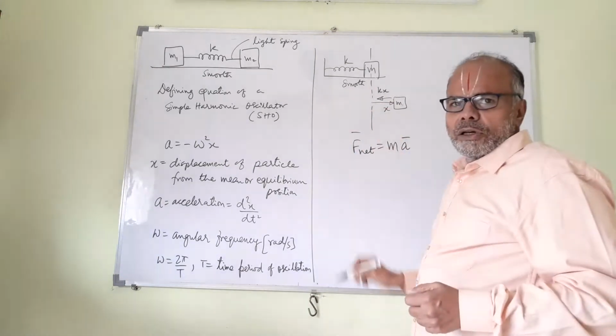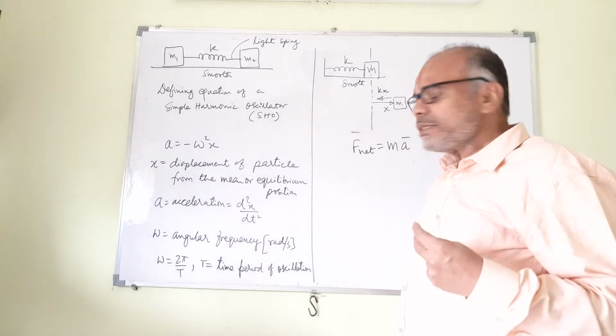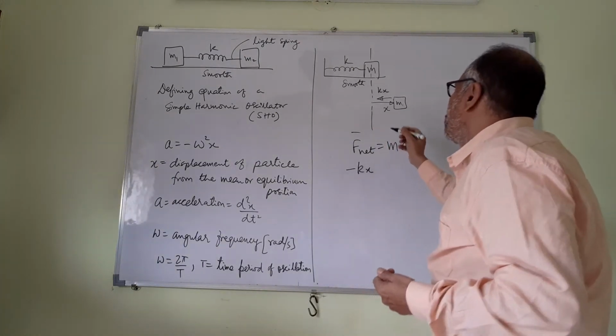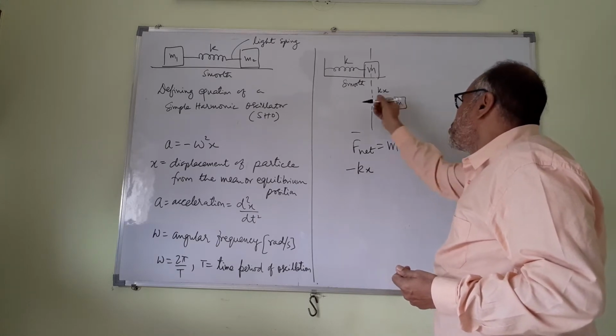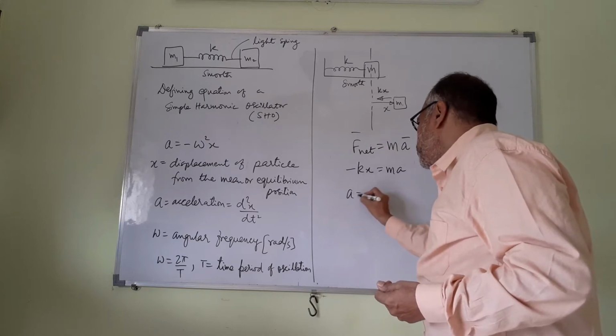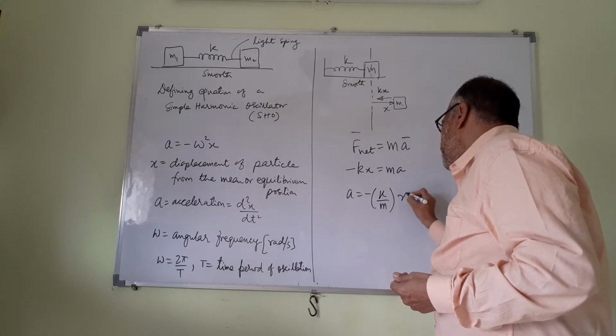So there are only two directions possible. One we can call plus, the other minus. So F net we will say is minus kx because we are choosing the direction of x as positive. So this is opposite to x, so minus kx. That is equal to ma. So therefore a is equal to minus k by m into x.